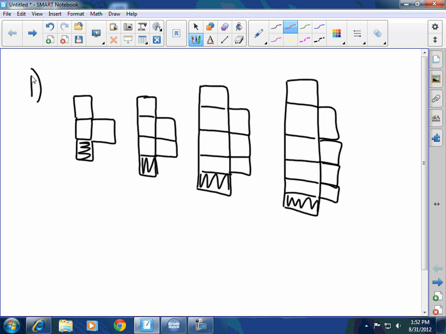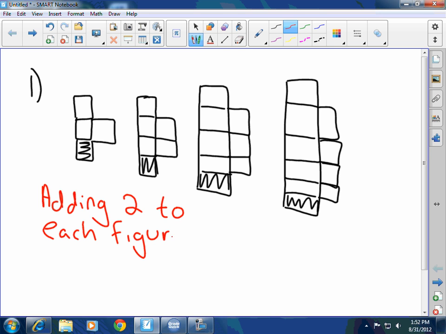Okay, so what's happening here? I've got 4, then 6, then 8, then 10. So it says describe the pattern. So I am adding 2 to each figure. That's describing. And then it says sketch the next figure.